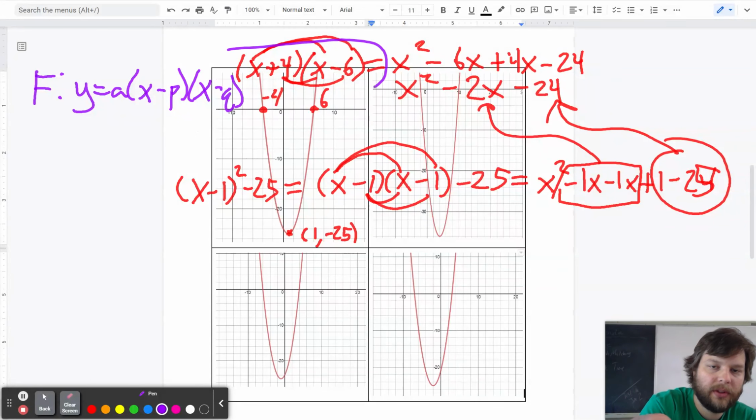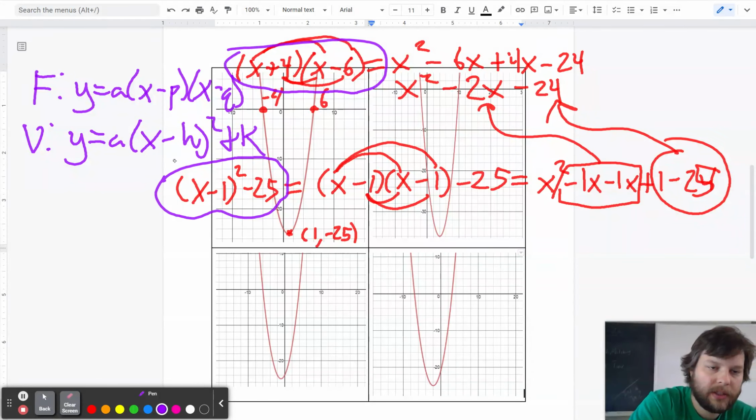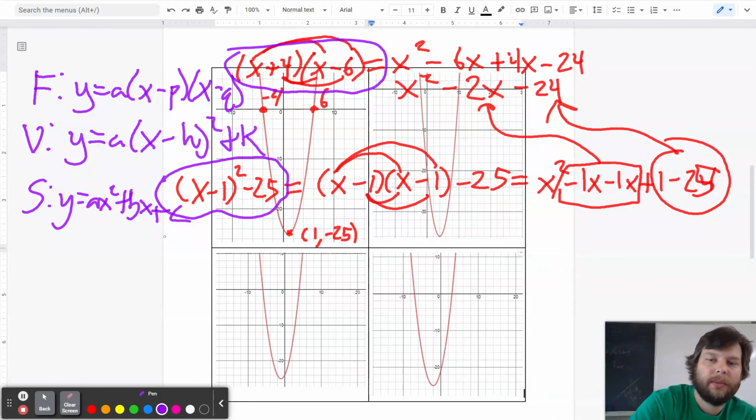That's how I started with this version of the equation. Vertex form looks like this: a times x minus h squared plus k. That's how I got this version of the equation. And standard form looks like this: ax squared plus bx plus c. A really good double check is that the c value should match up with your y-intercept, and it does.